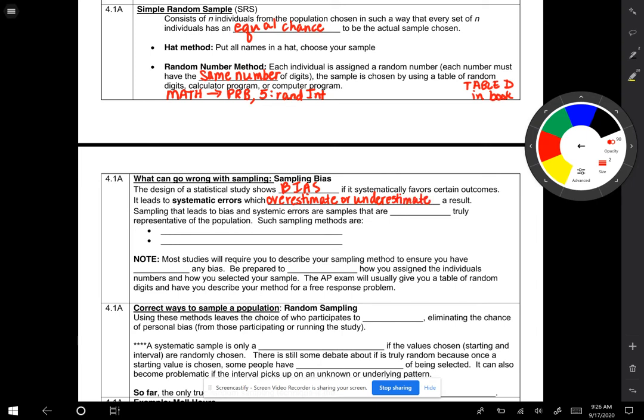Sampling that leads to bias and systemic errors are samples that are not truly representative of the population. And like I mentioned on the previous page, those types of sampling methods are voluntary response samples and convenience samples.